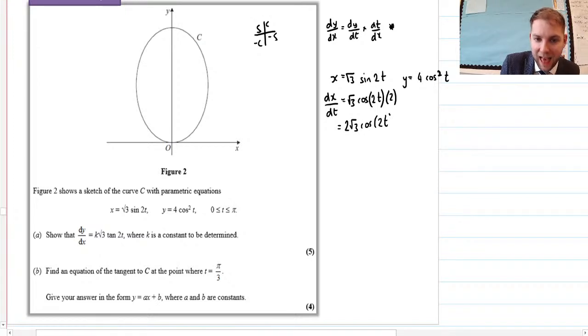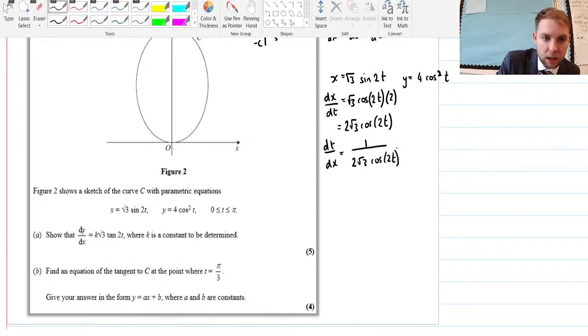Now don't forget that actually I want the reciprocal of this. So dt by dx is equal to 1 over 2 root 3 cos of 2t. Okay, there's our first part.